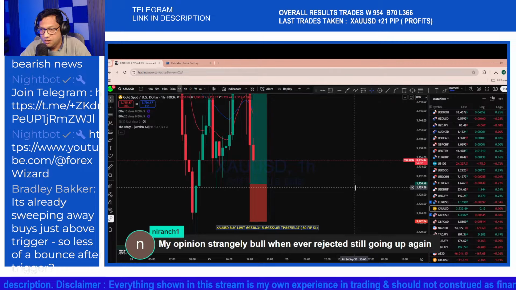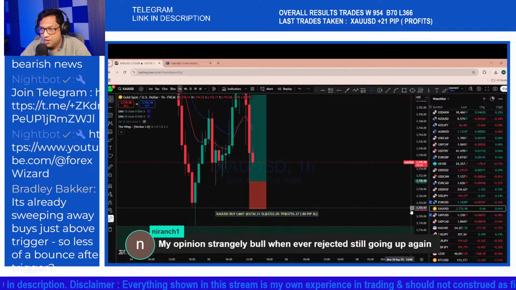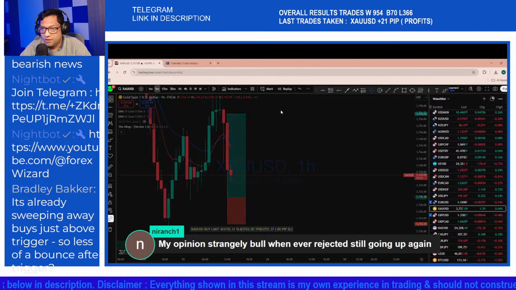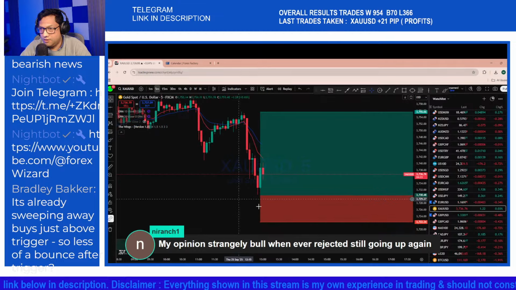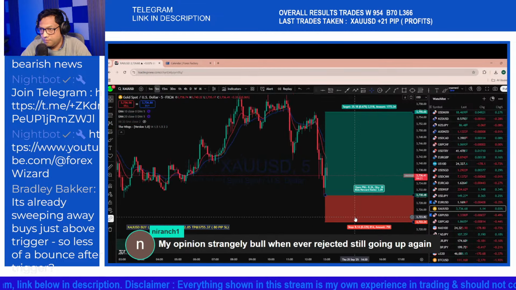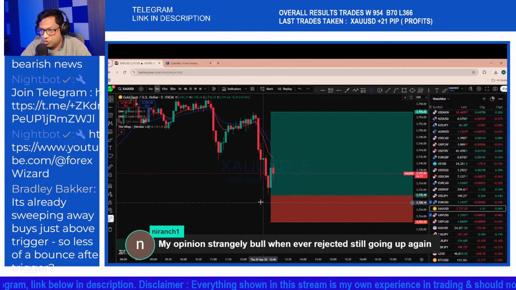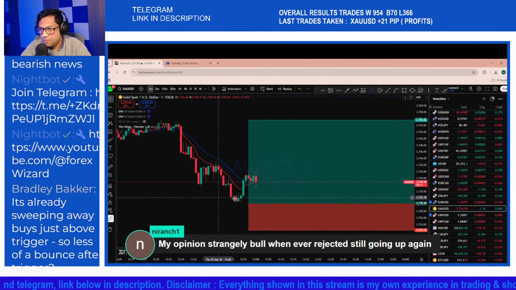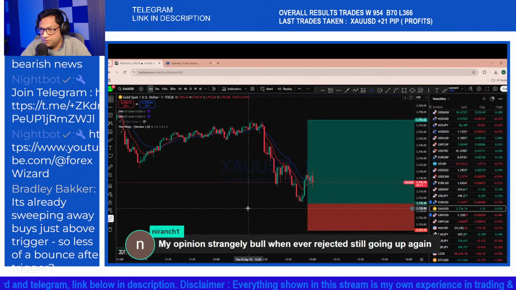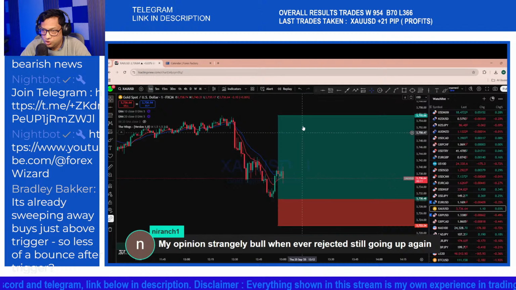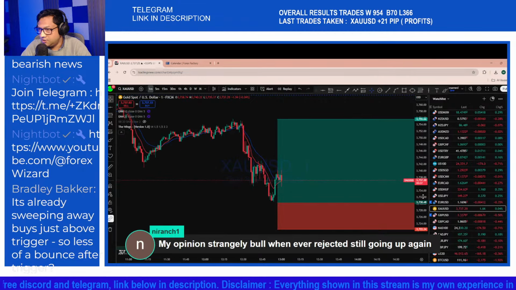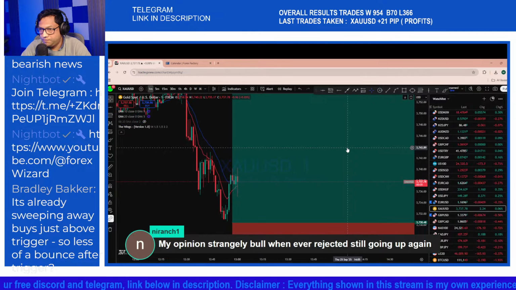We are still pending, and now if the market crosses that low, or if this market rejects from this zone, we might see it go straight back up to this high here, the 3755 level.